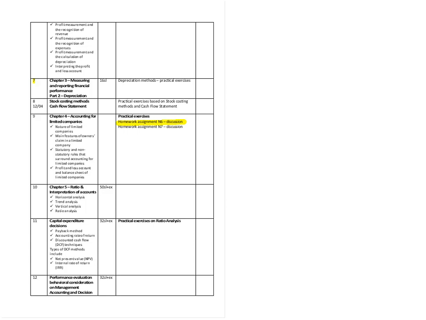And homework assignment number 7, which I'm going to give you today. So the next class would hopefully be fully based on practical exercises. And we have another chapter 4 on financial management, which is accounting for limited companies. This is a small presentation. It's very easy, only theory inside.